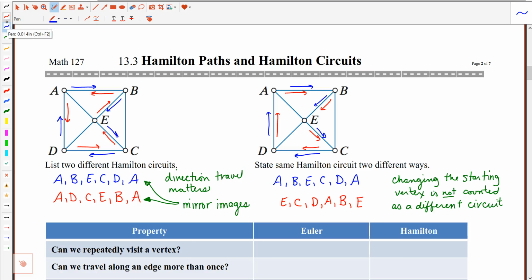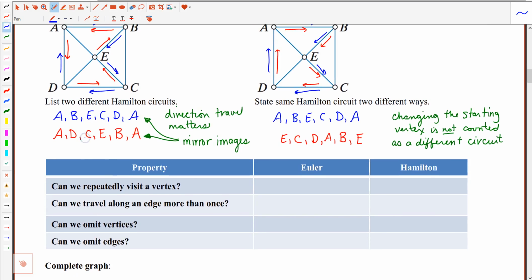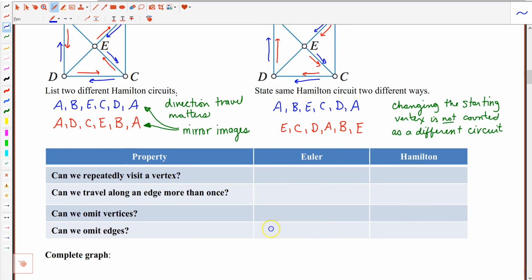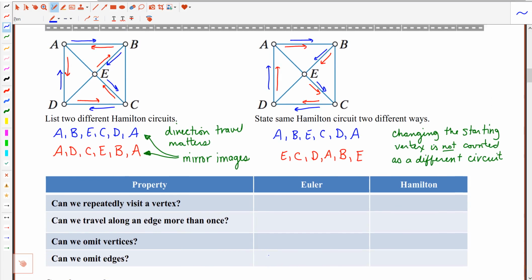So let's summarize what we're seeing right now between Euler and Hamilton. So for a graph where I'm looking for perhaps an Euler circuit or path, for Euler ideas, can we repeatedly visit a vertex? Yes, we can. What about if I'm looking for Hamilton ideas? Can we repeatedly visit a vertex?